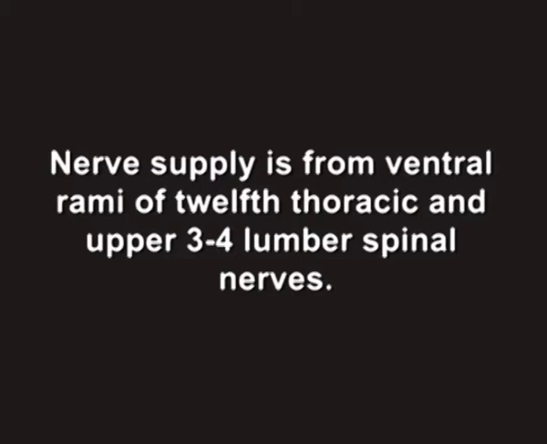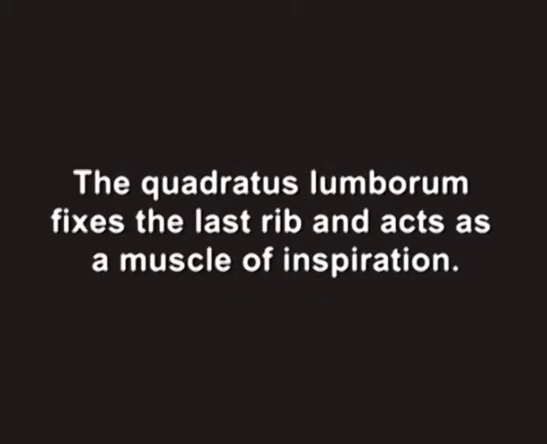Nerve supply is from ventral rami of 12th thoracic and upper 3-4 lumbar spinal nerves. The quadratus lumborum fixes the last rib and acts as a muscle of inspiration.